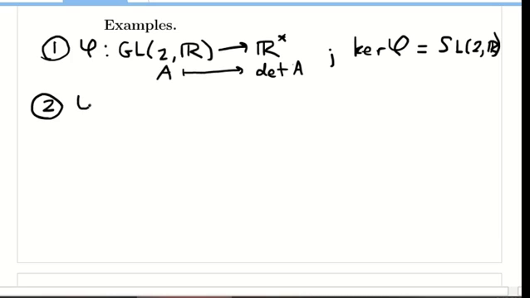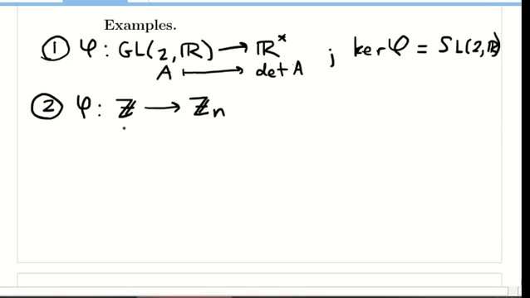What about a sort of obvious thing? You take a group and map it to, well, all right, I'm getting ahead of myself. So take the integers and send it into the integers modulo n.